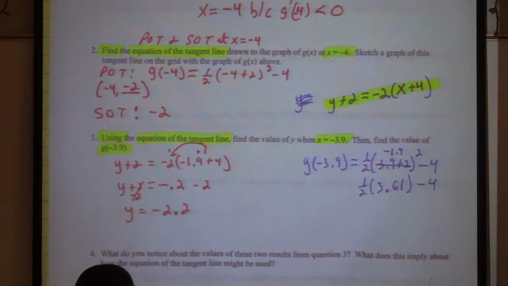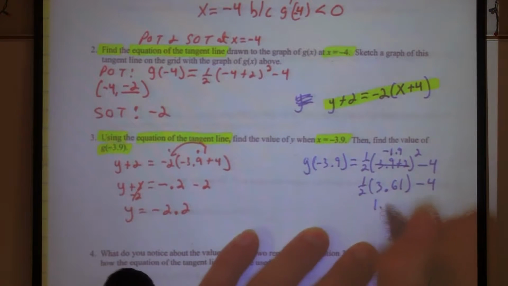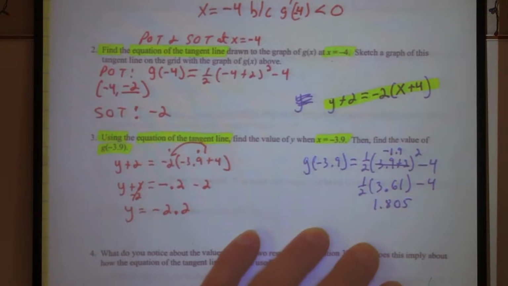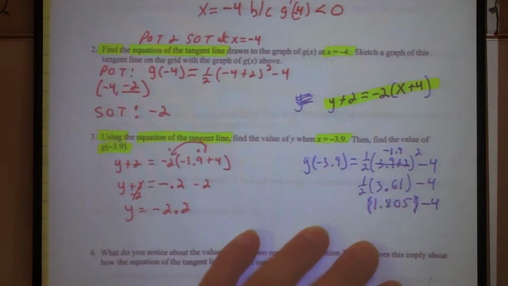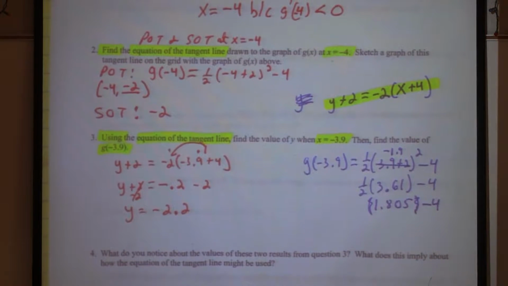So what would we end up with there? 1.805. Was that easier than you thought? Yes? Okay. And now that, minus what? Minus 4. What's $4 minus $1 and almost 80 cents? 4 take away 1 is what? 3, right?